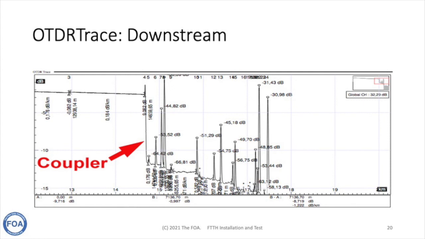Very difficult to get a lot of useful information when you're looking at a trace like this. So generally speaking, OTDRs are used not to go downstream like this, but to go upstream from the subscriber toward the head end.